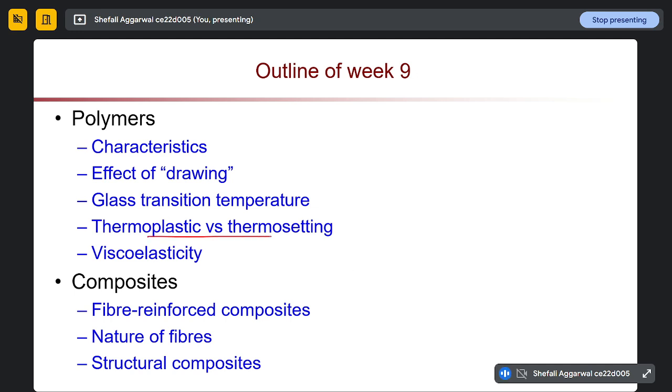Mainly, we will talk about thermoplastic and thermosetting, and then a third type, elastomers. For that, we are talking about viscoelasticity of our polymers. And next, the composites. Mainly in our concrete system, we are using fiber reinforced composite, and what the different natures of fibers are and how they are being used in different structural elements.